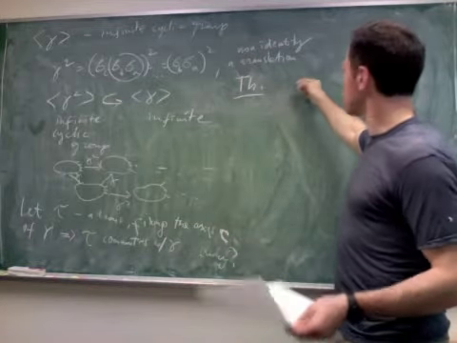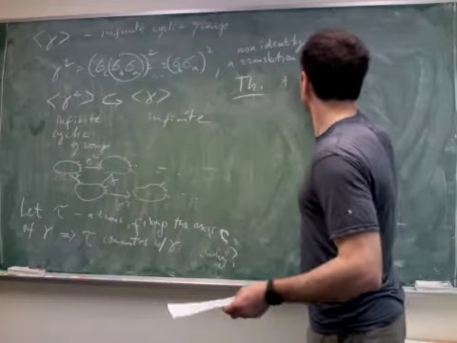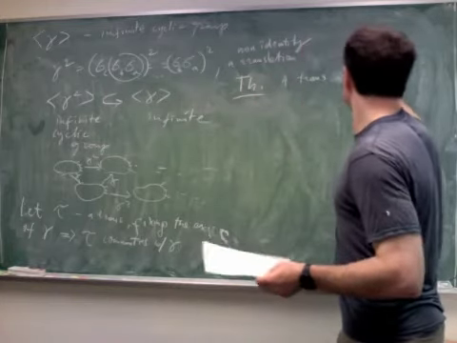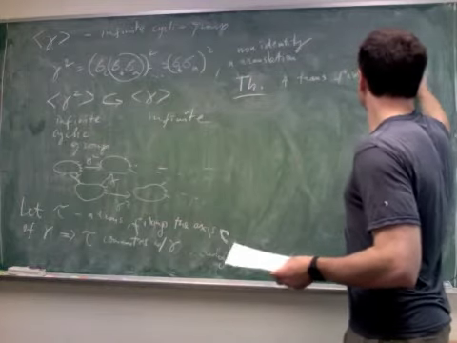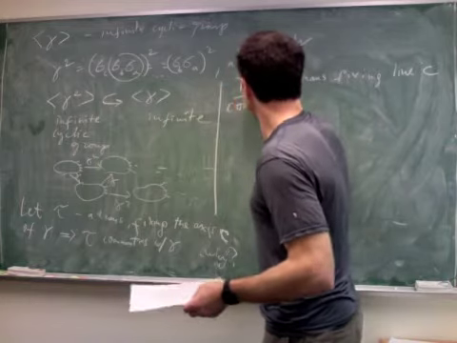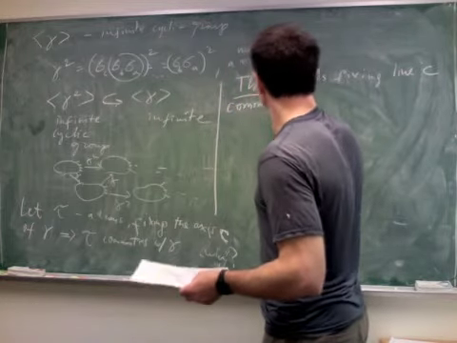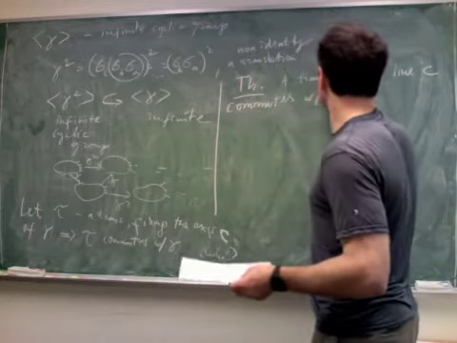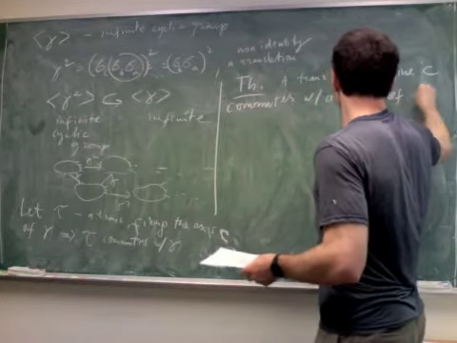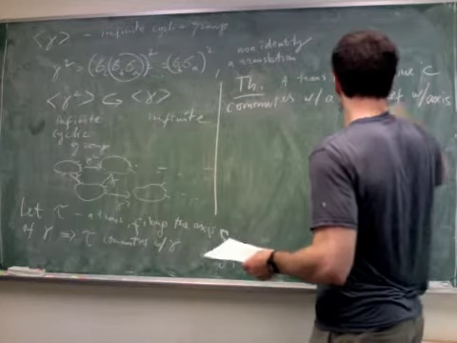So a translation fixing line C commutes with a glide reflection with axis C.